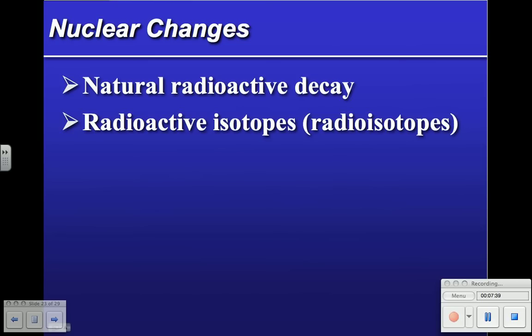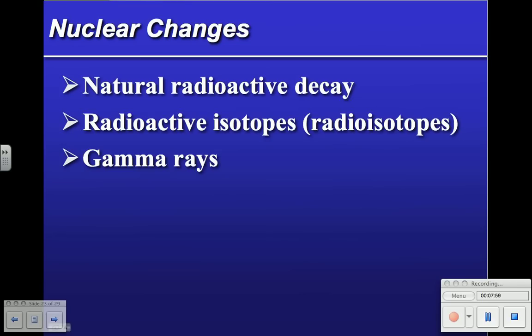It's going to either shoot off some type of radiation in the form of an alpha particle or a beta particle or even a gamma ray to modify that nucleus so that it changes in such a way to become more stable.